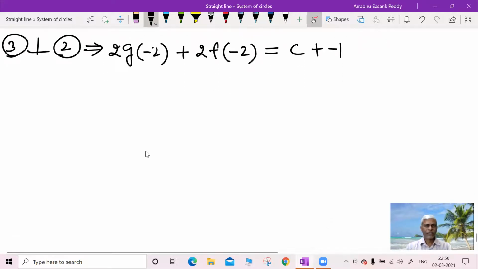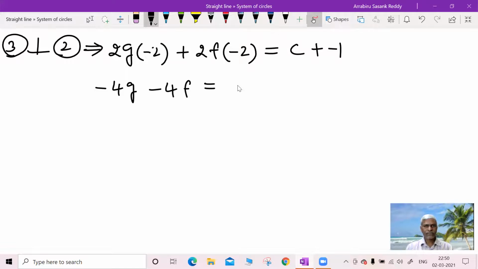Substituting in the condition, 2g into minus 2, 2f into minus 2, is equal to c minus 1. Simplifying, minus 4g minus 4f is equal to c minus 1. Let this equation be 5.